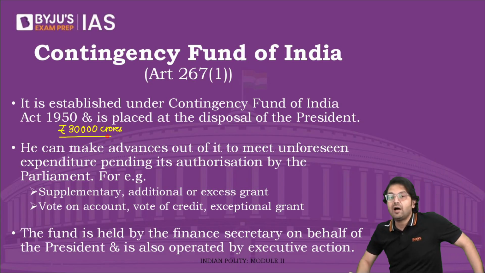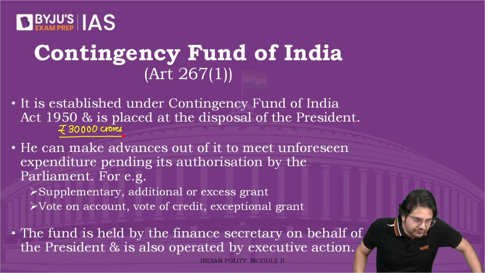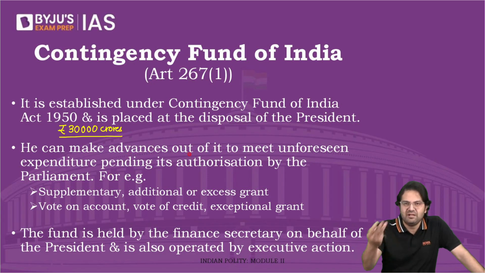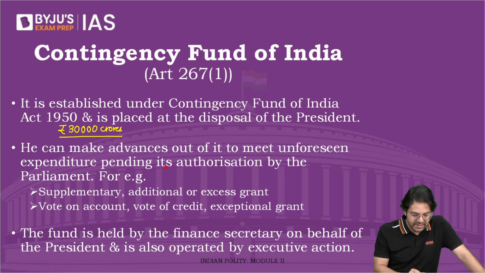Clear? 30,000 crore rupees in this account. So the president can make advances out of it, meaning take out money from it to meet unforeseen expenditure, pending its authorization by the Parliament.